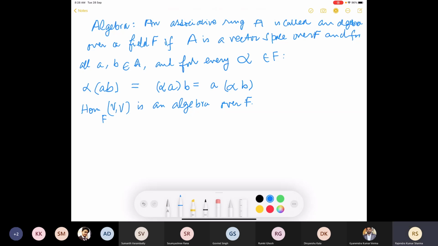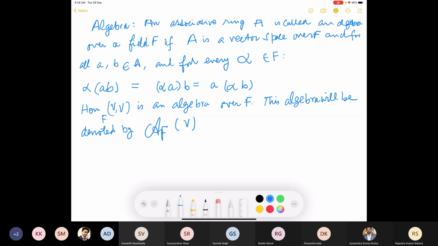So we shall be denoting this algebra by A_F(V), the algebra over F which is obtained from this vector space. And the elements will not be just called homomorphisms.